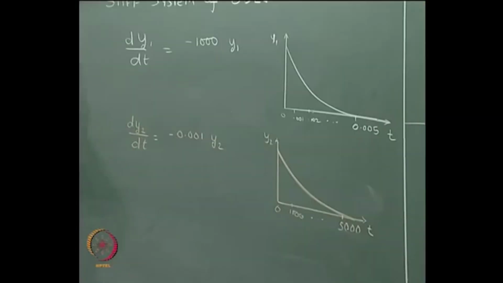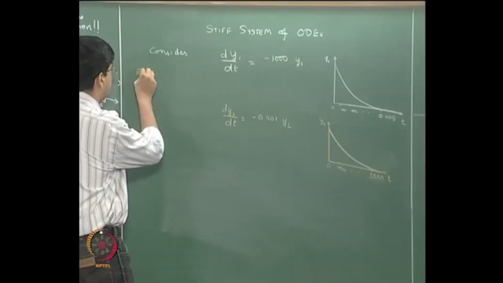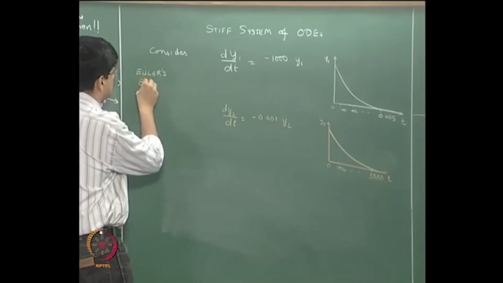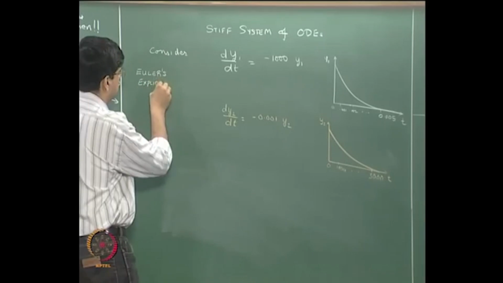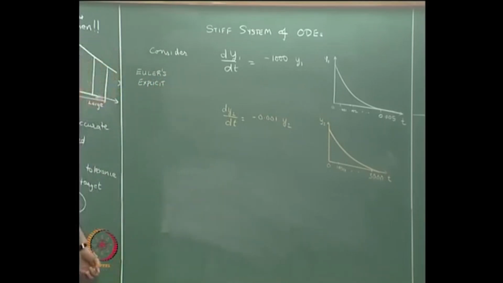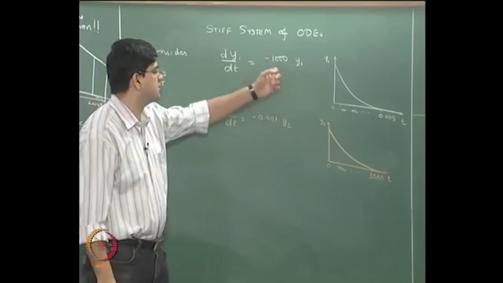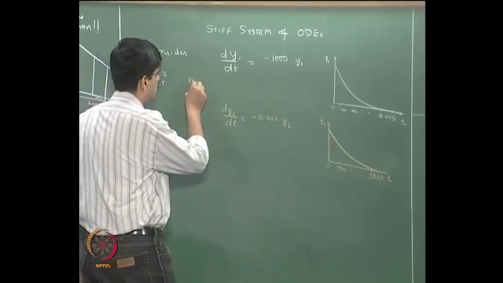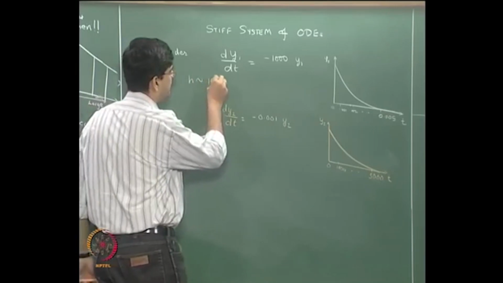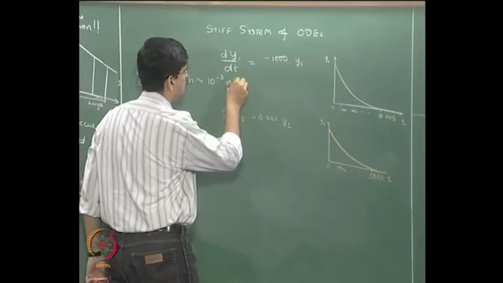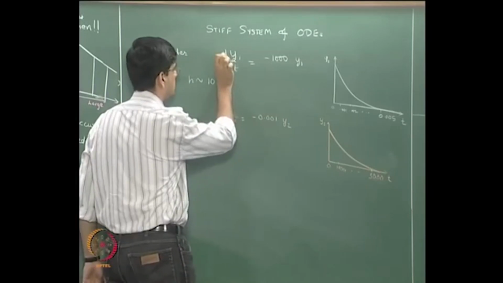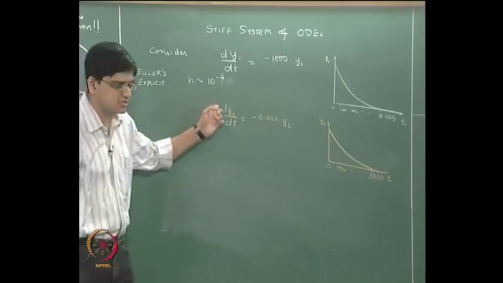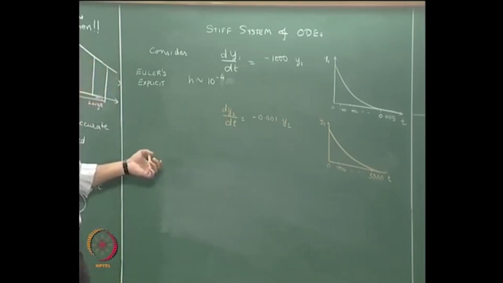Okay. Now let us say that we were to solve this by Euler's method. For solving this by Euler's explicit method, in this particular case we would have to take h of the order of say 10 to the power minus 3 or 10 to the power minus 4 in order to get a stable solution, and a stable solution with a fair amount of accuracy.